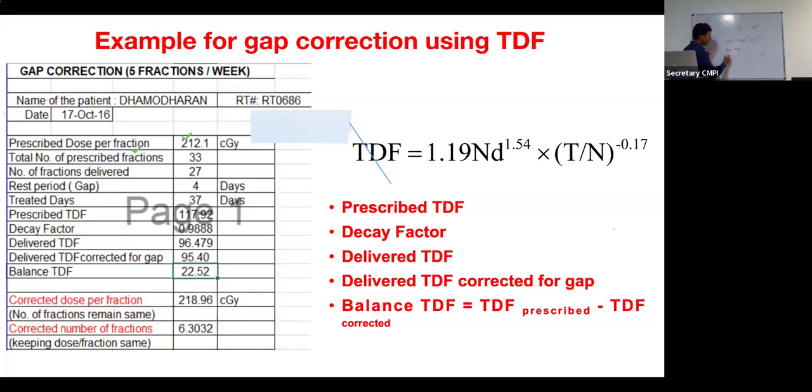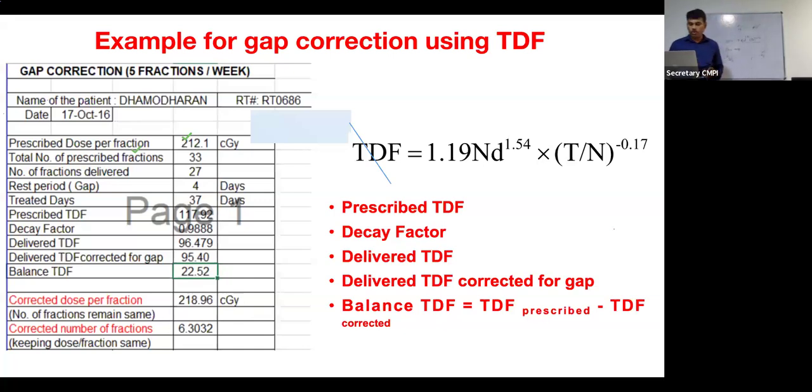Calculate the TDF for 20 days of treatment, which is over. That is the delivered TDF. But because of the break, the delivered TDF is reduced, the efficiency is reduced. So you need to correct the delivered TDF.